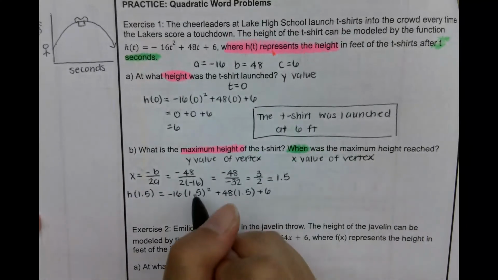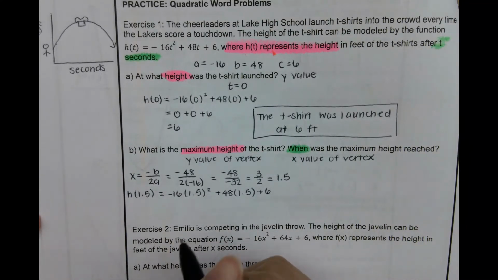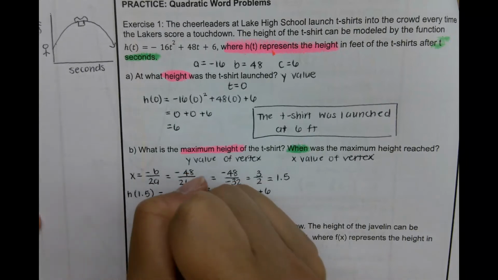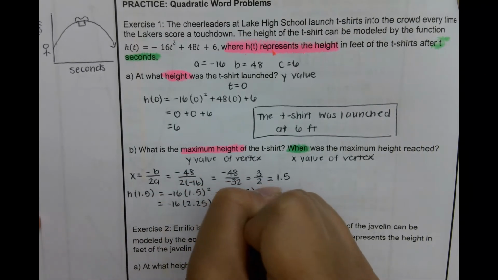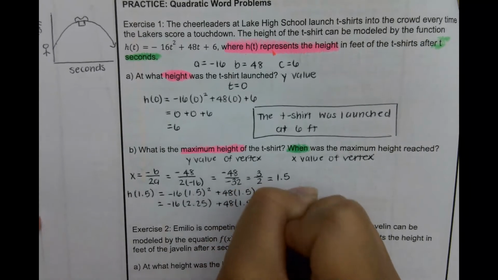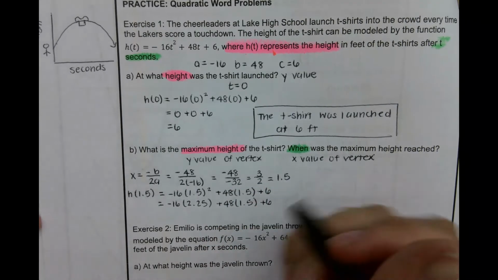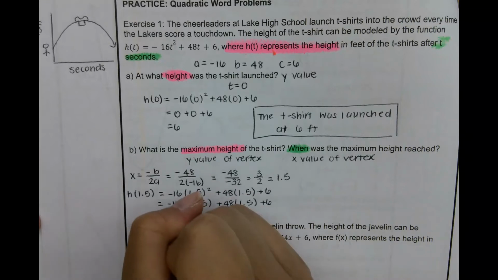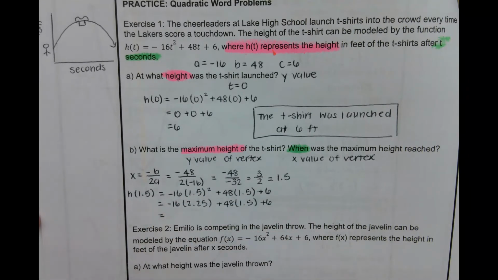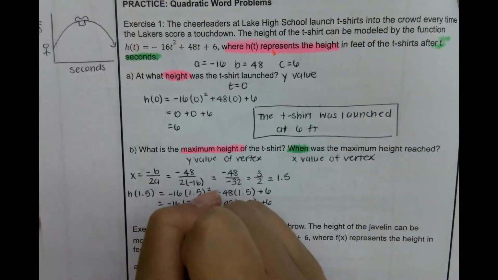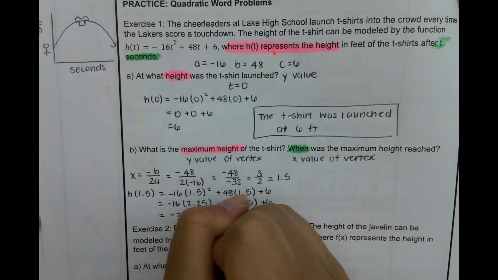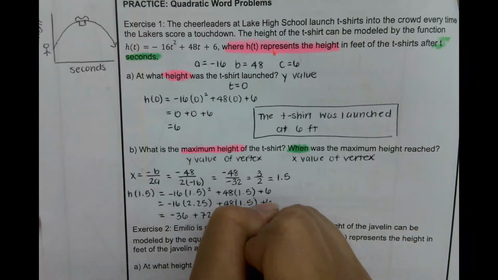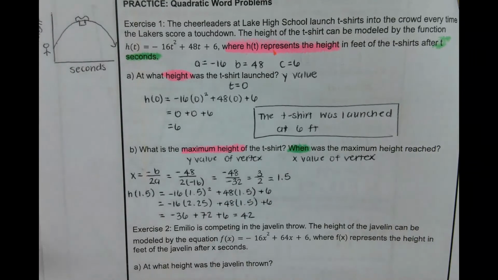Remember order of operations, so 1.5 squared is 2.25. Then after exponents is multiplication, so negative 16 times 2.25 is negative 36. 48 times 1.5 is 72, and then plus 6. This gives me 42. So what does this mean?